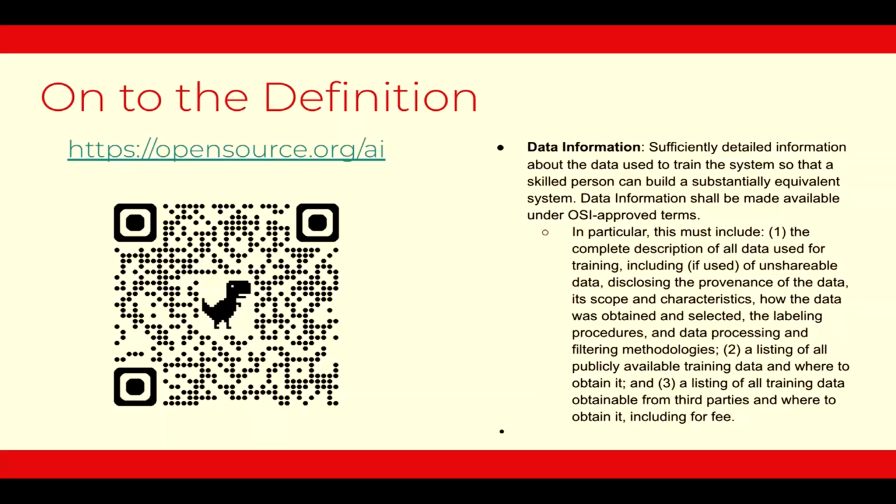And that also feeds back into the substantially equivalent system, right? Your system will never be the same because if you have to pull the data yourself, it's not provided to you, there's the chance for error, there's the chance for different data sets, there's a chance for the data to have changed over time, right? Additional data added, data removed. So of all the clauses, this is the one that I find the least satisfactory, but it may be the best we can do.